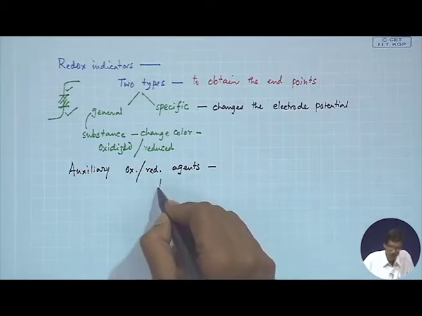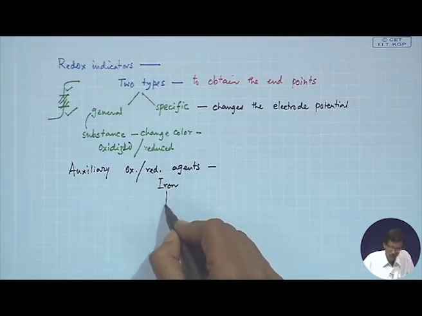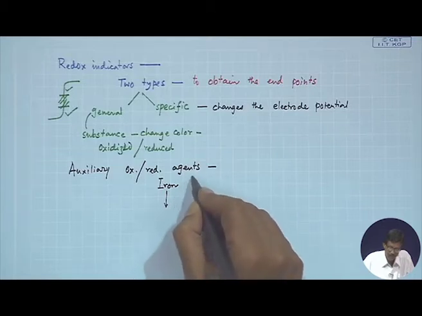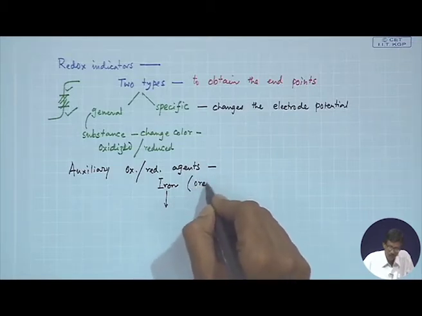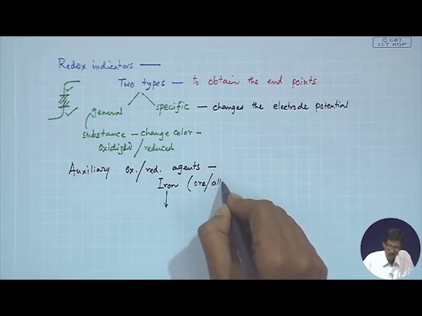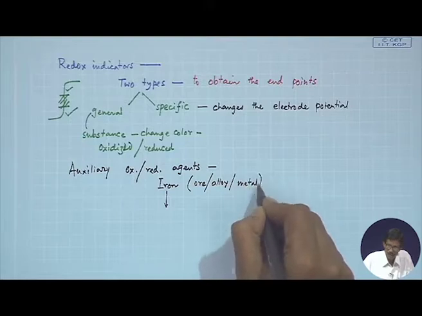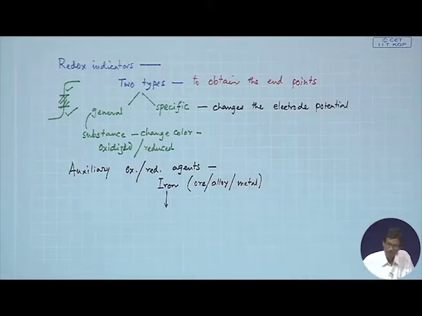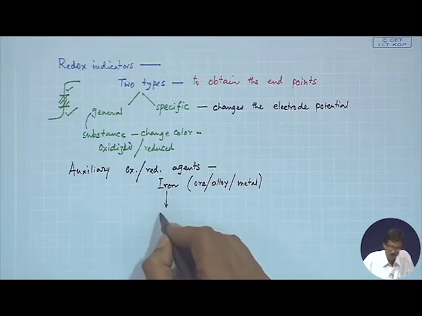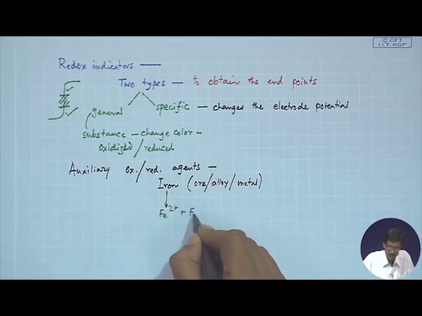So, if you have iron, say, when you dissolve it, that means iron in some ore or in some alloy or some metal. So, what happens then? When iron is dissolved, we get a mixture of Fe2+ and Fe3+.